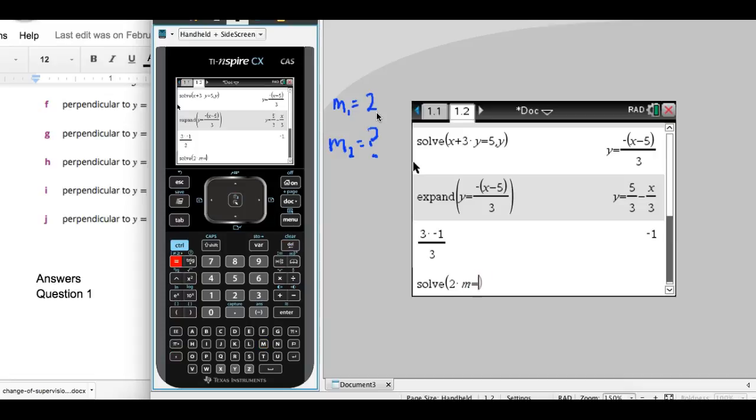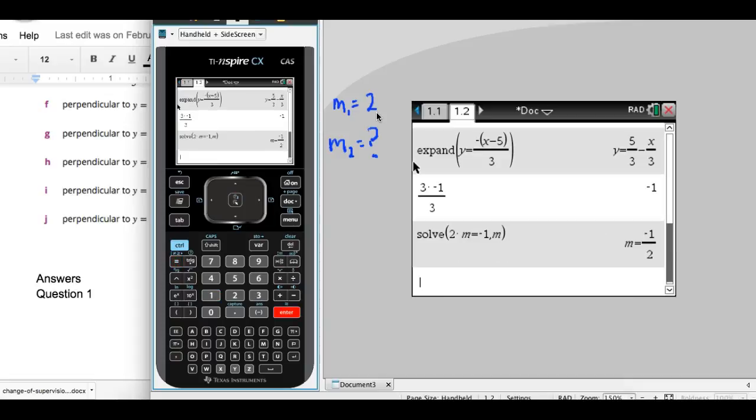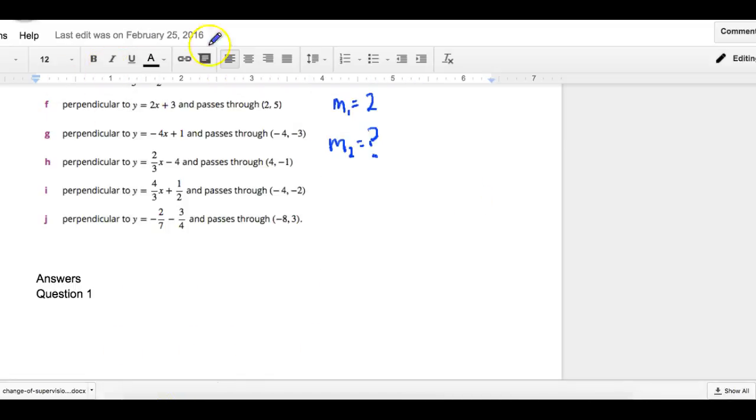But I know that when we multiply them together, we get -1. So that means your second gradient is -1/2. So I'm going to write that down. Let's rub that out now because we worked it out. And some of you may have already guessed that without using your calculator.